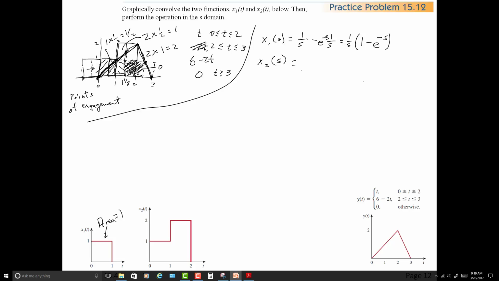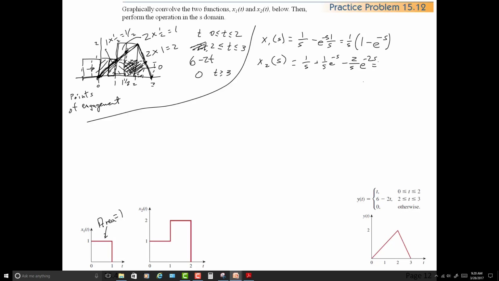Okay, so the next one in the S domain starts off calmly enough, and then it adds another one. So instead of subtracting here, it's going to add with an e to the minus s. I'll write it on the other side. But then it's all going to turn off, so it's got to be minus 2 over s. That's our size 2 u function. And e to the minus 2s is when that happens.